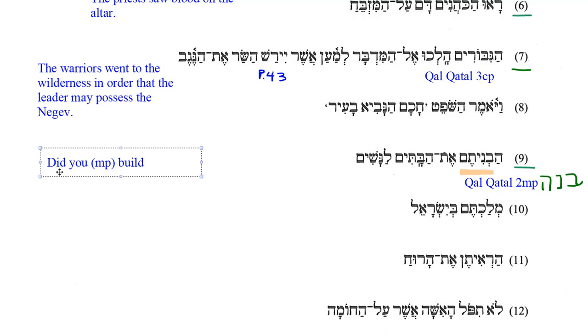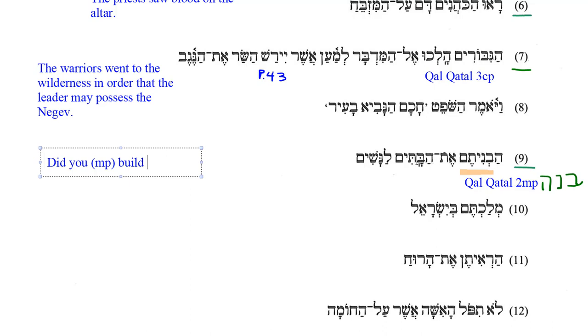Did you build et, there is a direct object marker coming right after the verb. That's how we know it's a direct object marker. The word et can also be a preposition that means with, but when it comes right after a verb like this, it is often a direct object marker.